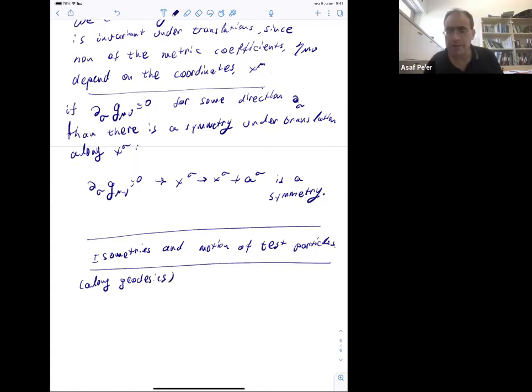And the reason is that the momentum component of the particle in the direction of the isometry, as I just showed, is conserved.